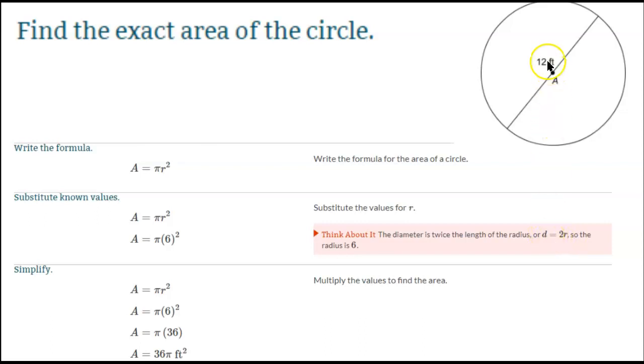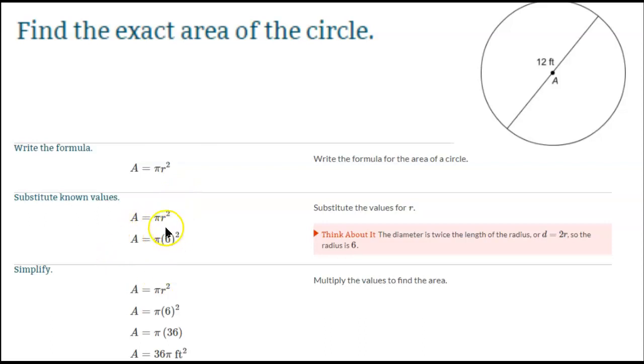Plug in 12 for the diameter, and we get diameter 12 divided by 2 equals radius, which is 6. Now we're going to plug in that 6 right here for the radius. Area is equal to pi times 6 squared. Again, I'm going to go back to my PEMDAS days.